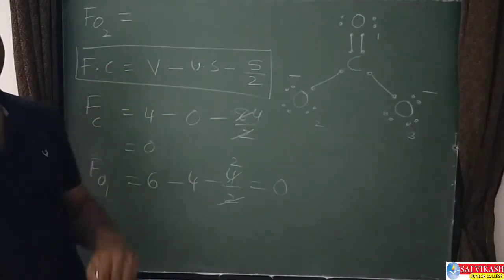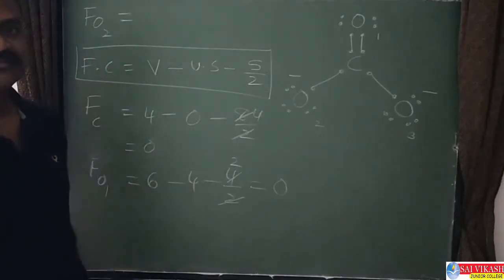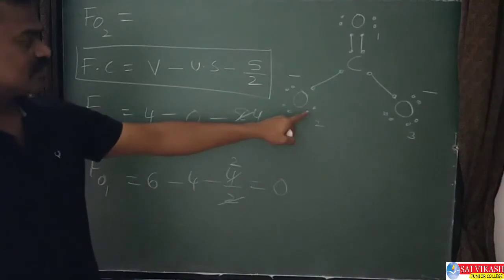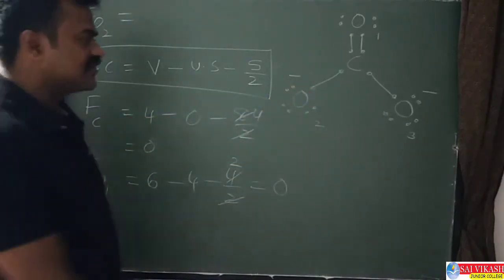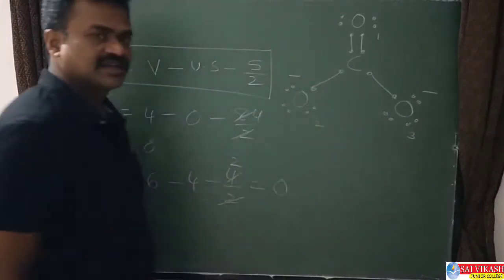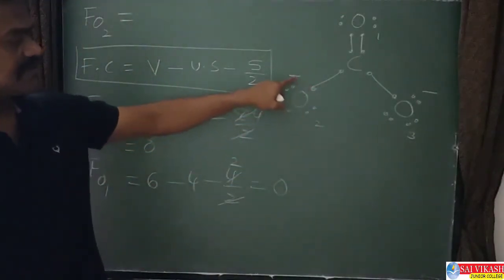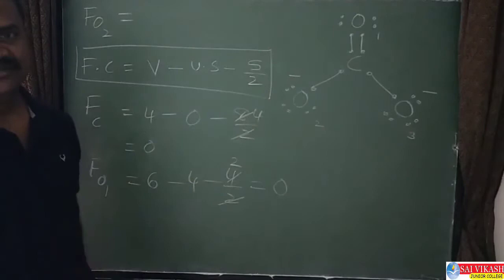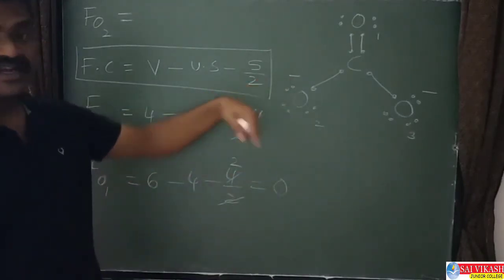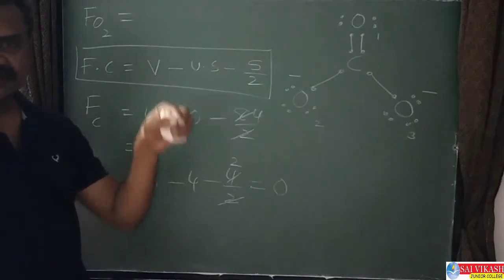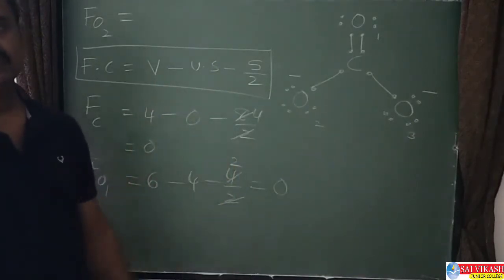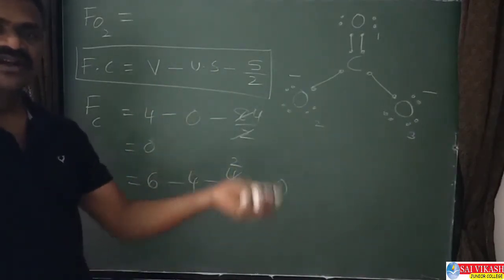Oxygen has how many valence electrons? Here it is showing 1, 2, 3, 4, 5, 6, 7. But 7 valence electrons is not possible. The 7th one is coming extra from outside. This oxygen has gained 1 extra electron. Actually, it is not present in the oxygen atom. It is gained extra from outside.